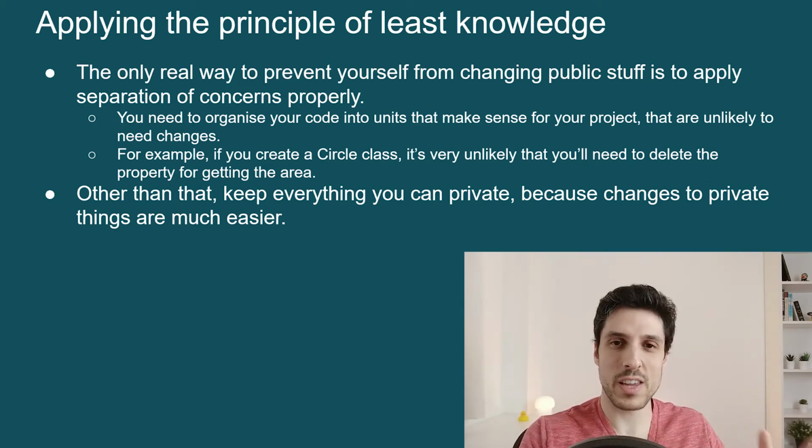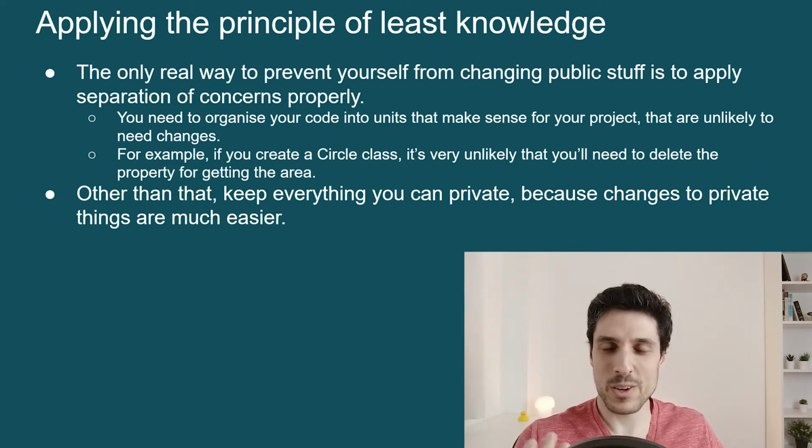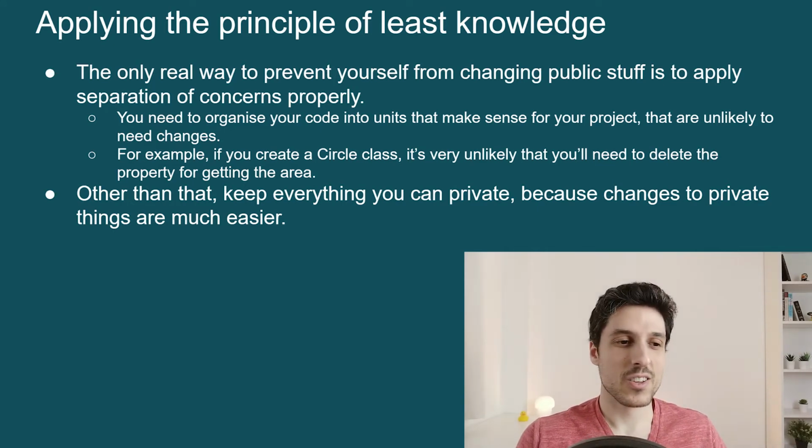If we have a getter for the area, we're not going to need to change how that works. It would be ridiculous, right? Because what are we going to do? Change the area to get the circumference? It wouldn't make sense. So if we have a sensible unit, it's unlikely that we'll need to change it.